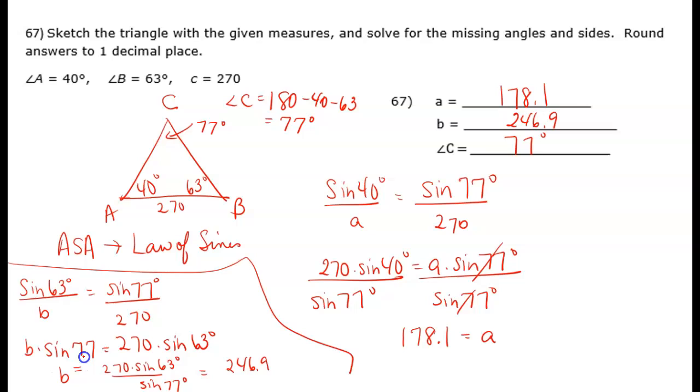I'm going to need to divide by the sine of 77, and I'll put all that in the calculator, and I get 246.9 for side B. Okay, then I'm going to find side A by repeating the exact same process. Here's my C information, and I'm going to put my A information here, cross multiply, and I get 178.1.